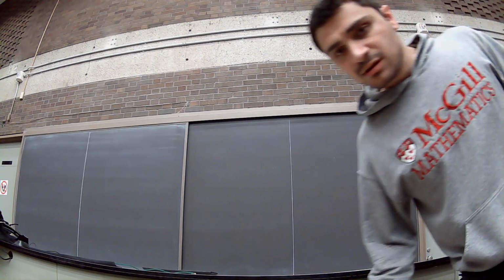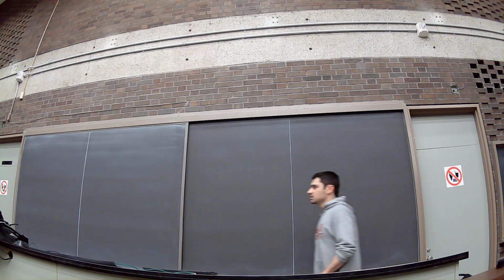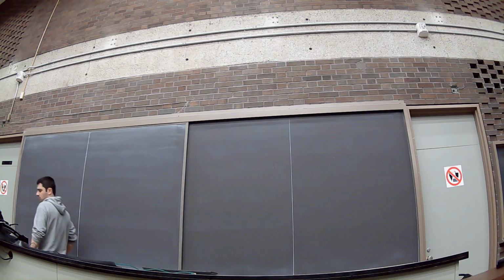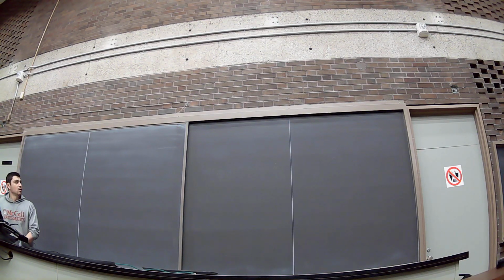Yesterday we did power series and Taylor series. We did Taylor and Maclaurin series. So let's do some examples. I will restart one of the examples that we did yesterday because I don't think it was captured.